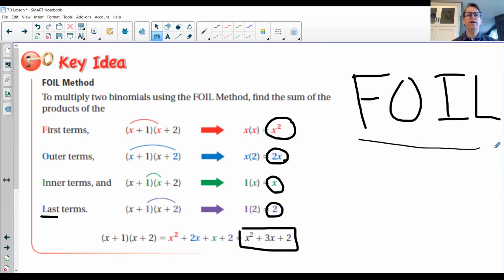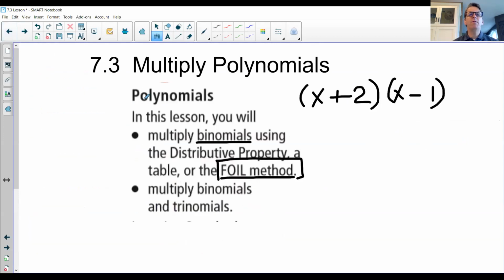So hopefully you learn this technique. There are other two techniques, but they're not used as much as you go on into high school, into your next algebra class, and also there's a lot of algebra in your geometry. But hopefully you get the FOIL method down solid.